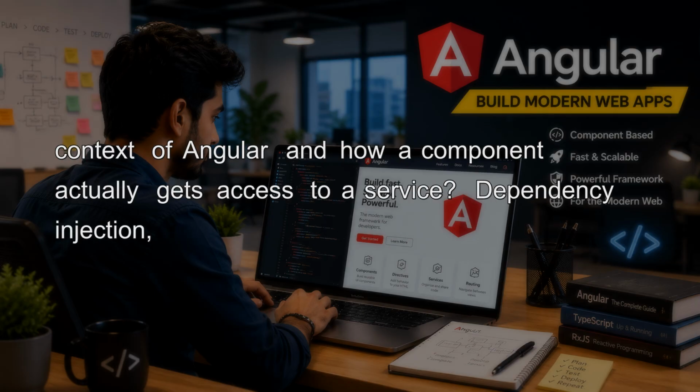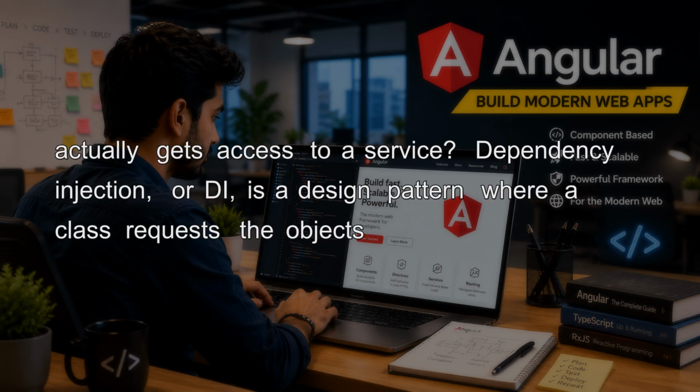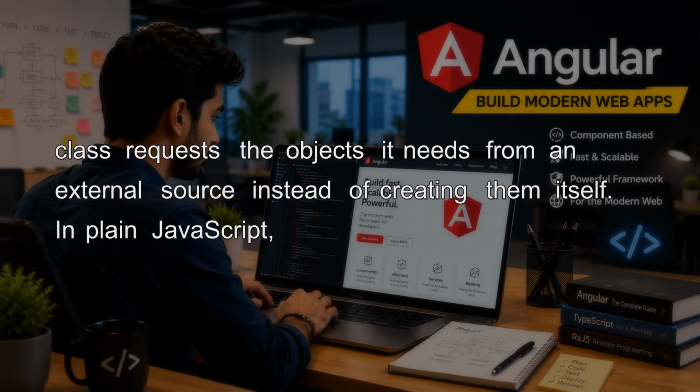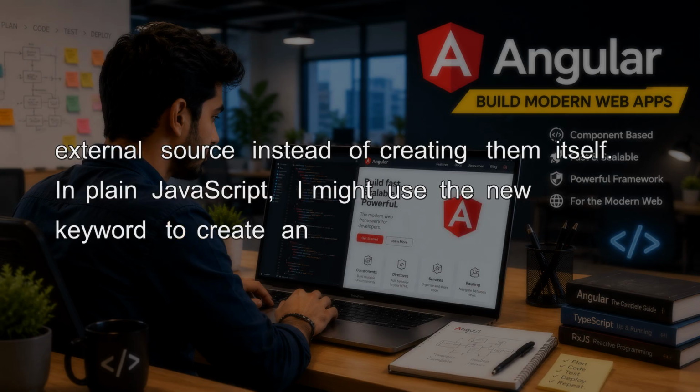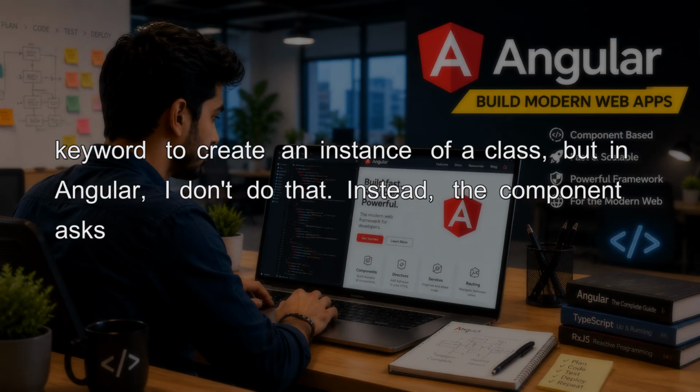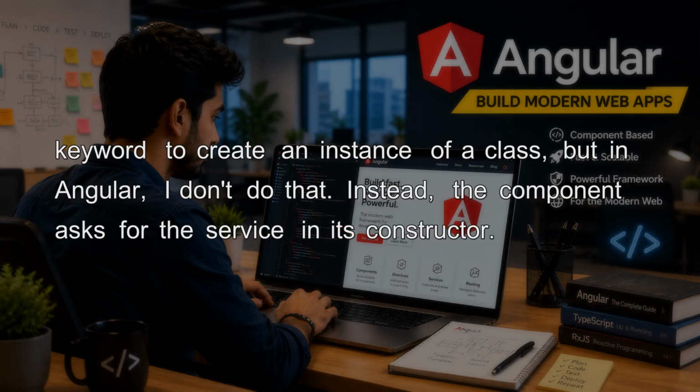Dependency injection, or DI, is a design pattern where a class requests the objects it needs from an external source instead of creating them itself. In plain JavaScript, I might use the new keyword to create an instance of a class, but in Angular, I don't do that. Instead, the component asks for the service in its constructor.